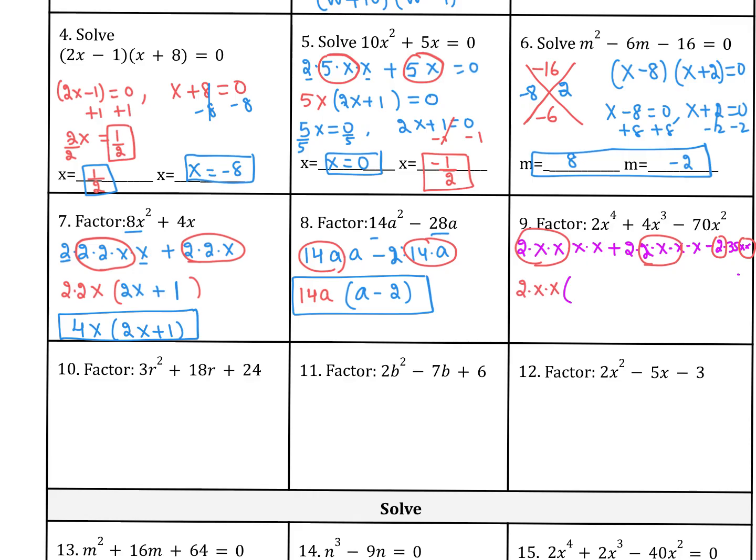What is left inside is x squared. Here you are left with 2x, and here you are left with 35. So the answer should be 4x times x squared plus 2x plus 35. Because when you break this 70, it becomes 2 times 35 times x times x. So x times x is outside, 2 is outside, you are left with 4x times x squared plus 2x plus 35.